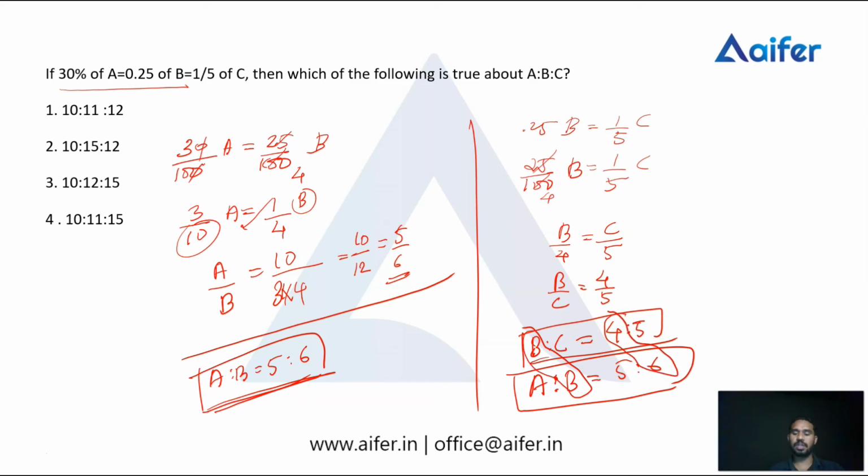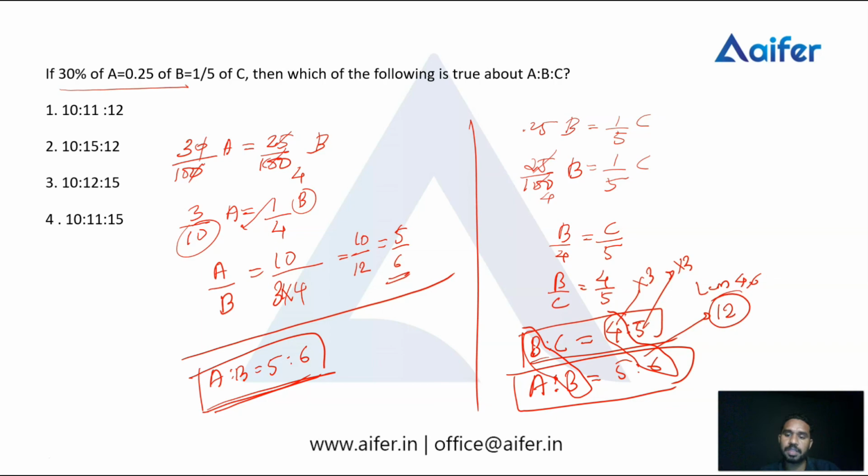Here, in these two ratios the two B values are different, so we need to make the two B values the same. So we take the LCM of 4 and 6, that is 12. To get this 12 we multiplied 4 by 3, so we need to multiply this 5 also by 3.